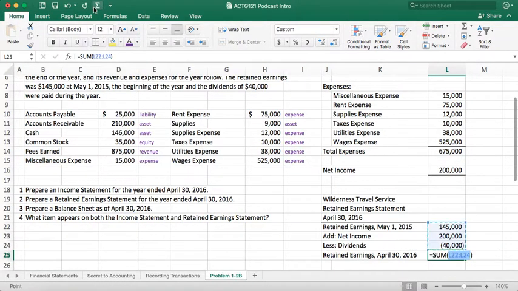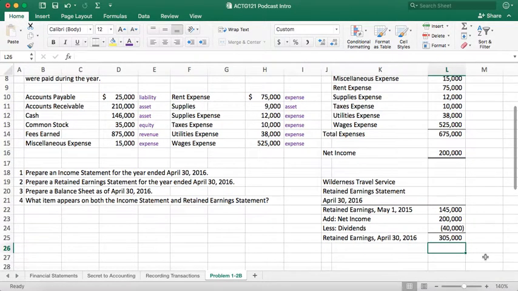We net all those numbers: we take 145, add 200, and subtract 40,000, and we get $305,000.